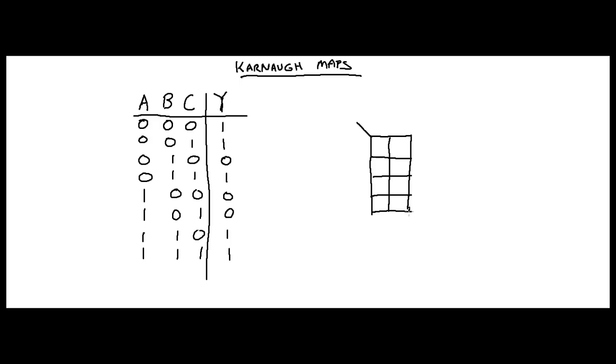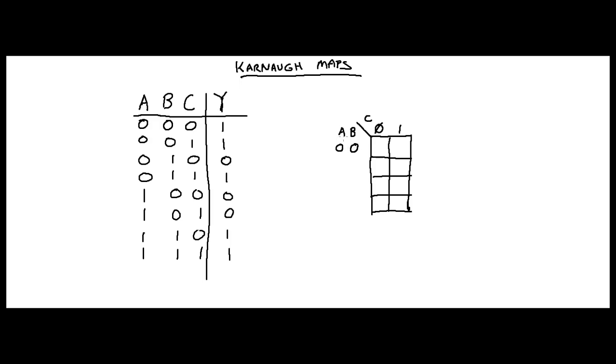Alright. Now this side is going to be A, B, and this up here is going to be C. Alright? C can be either 0 or 1. Now, pay attention to this closely. A and B. That's going to be 0, 0.